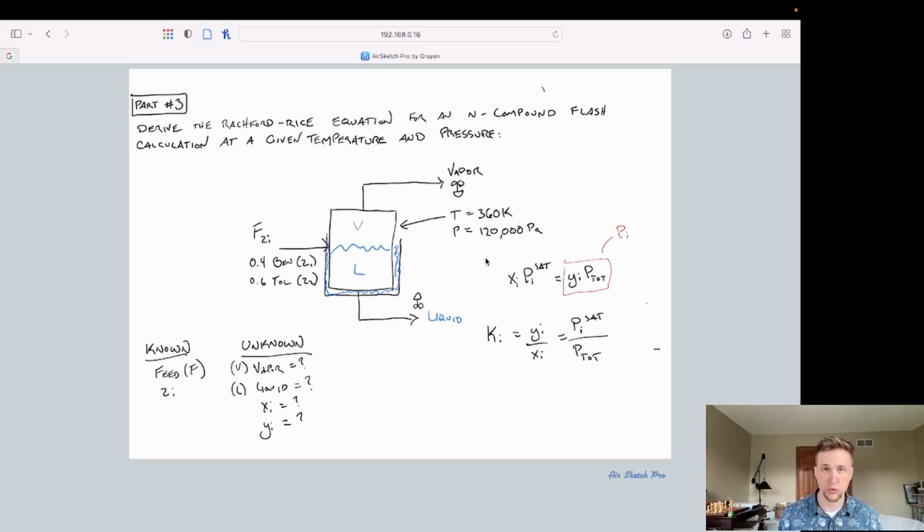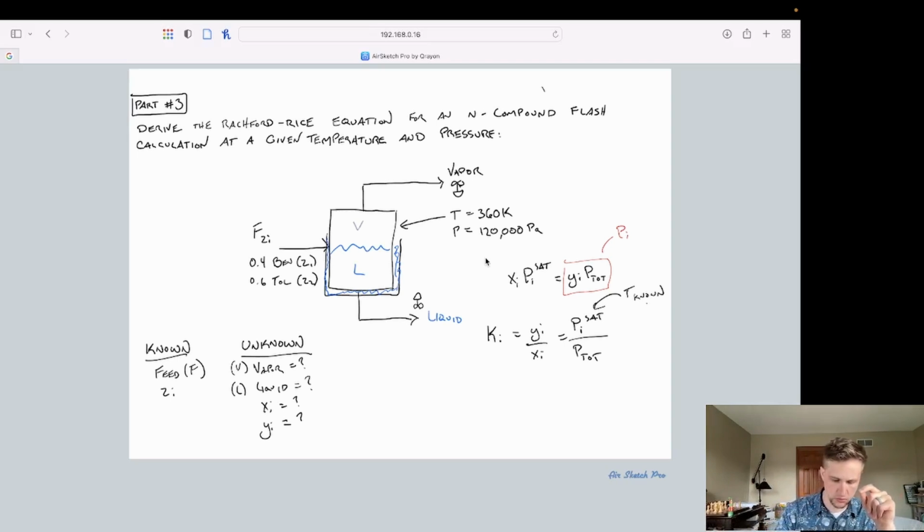Now the really cool thing about this is that if our temperature is known, which in this case we do, we're calling it 360 Kelvin, this allows us, through the Antoine equation and what we've solved in the previous videos, to know what our pure component vapor pressure is for each of our components. And also then the sum of the partial pressures lets us get to the total pressure of the system.